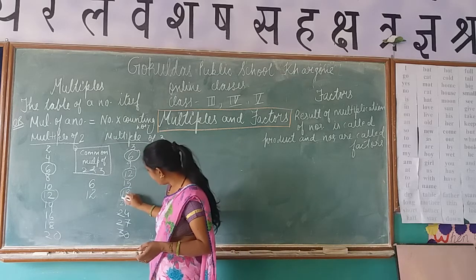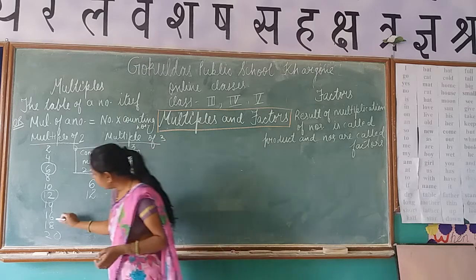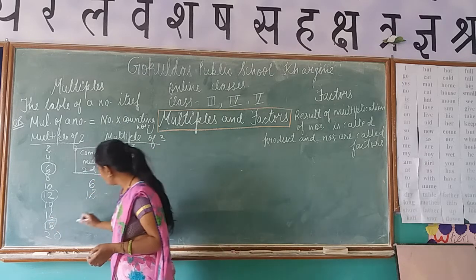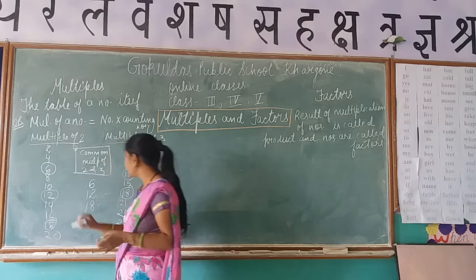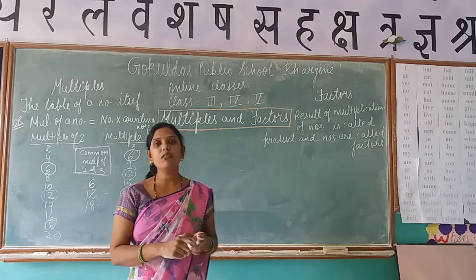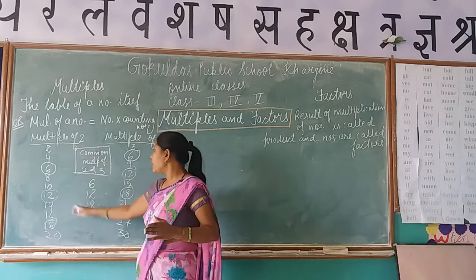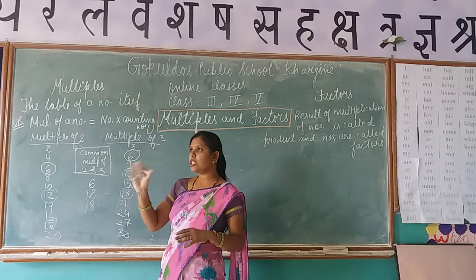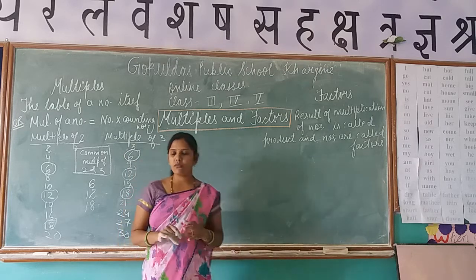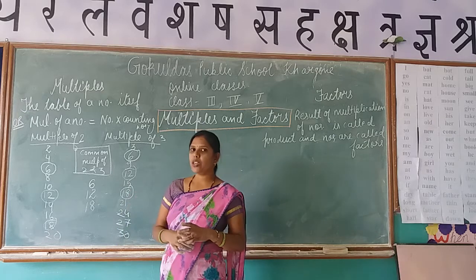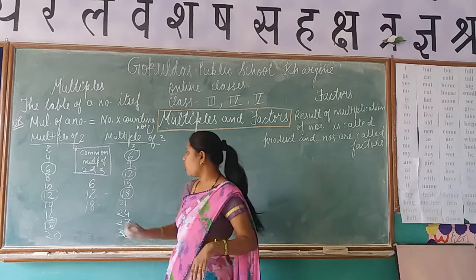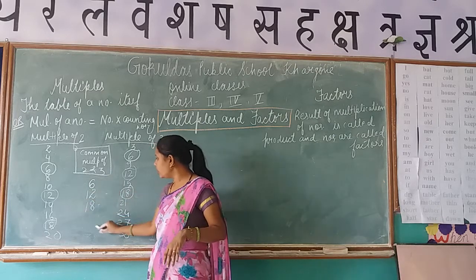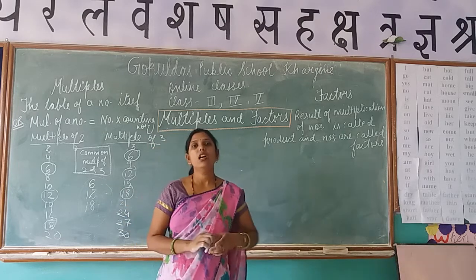Yes, 18 is in the table of 3 and also in the table of 2. So how many common multiples are there? We have written only the first 10 multiples of 2 and 3, and in these we find 3 common multiples. In this manner we find common multiples.